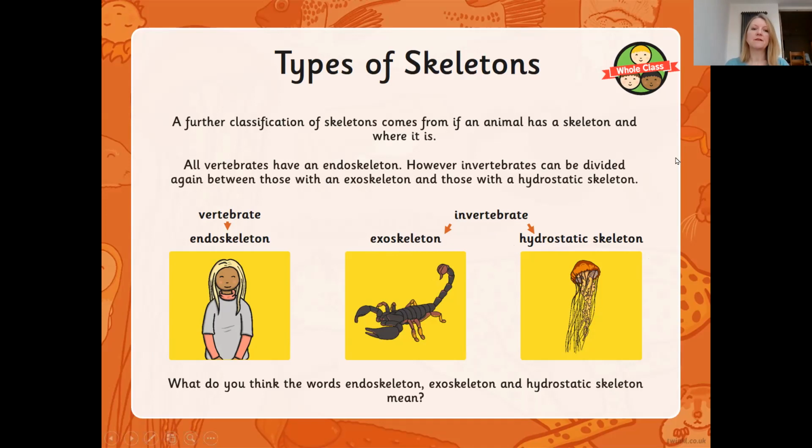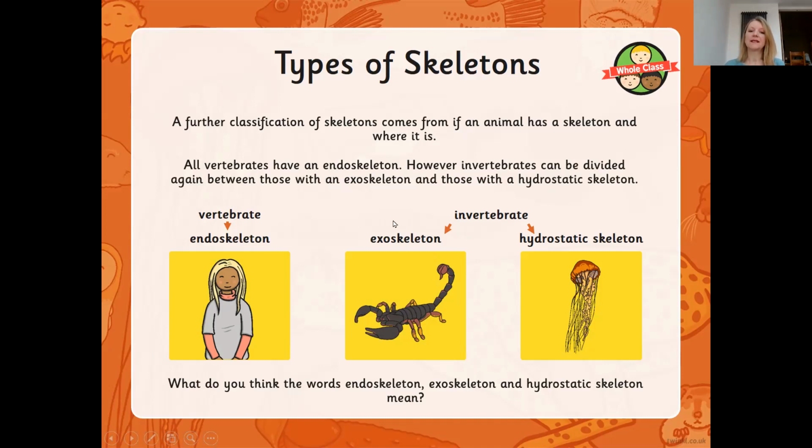Okay, so this further classification, this grouping of skeletons from an animal, depends on where the skeleton is. So all vertebrates have an endoskeleton. We have a skeleton inside our body. The endo means inside. And the invertebrates can be divided into two more groups.